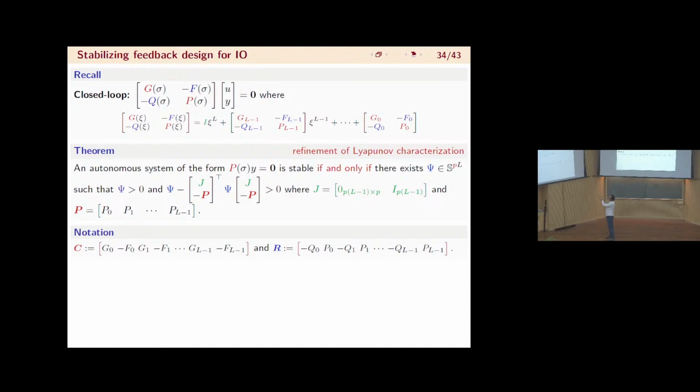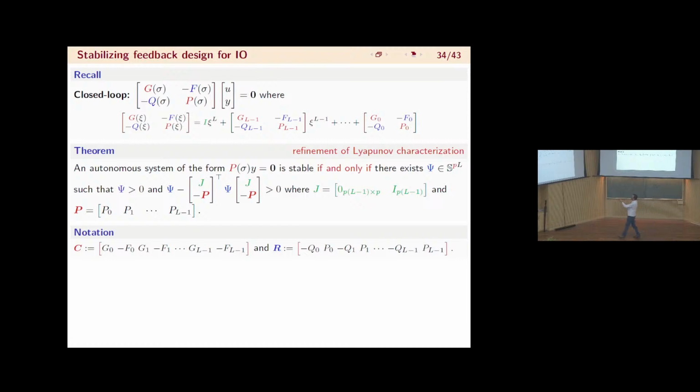What I don't know is G and F matrices. So I separate what I know and what I don't know. In C, C for controller, I collect the coefficient matrices that come from the controller. And in R, I collect coefficient matrices that come from the system. So C is like the first row block here, and R is related to the second row block here.